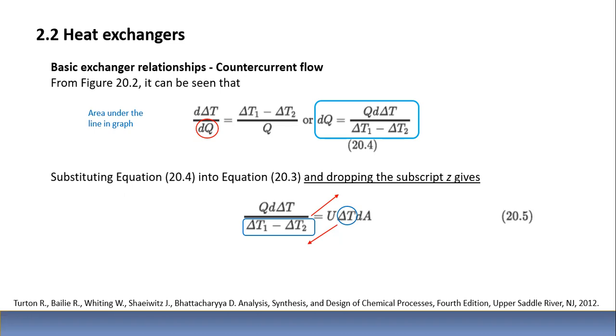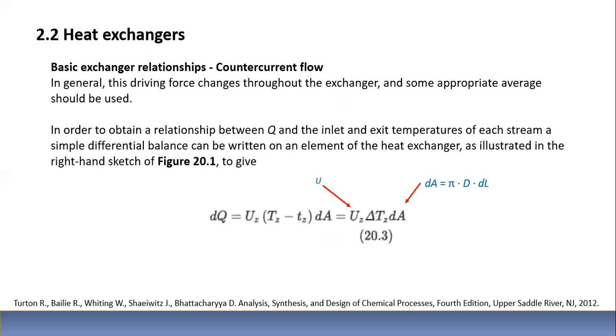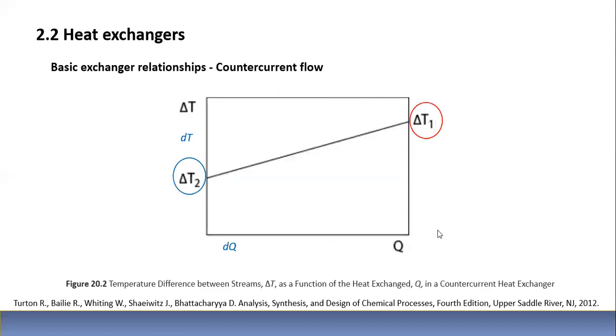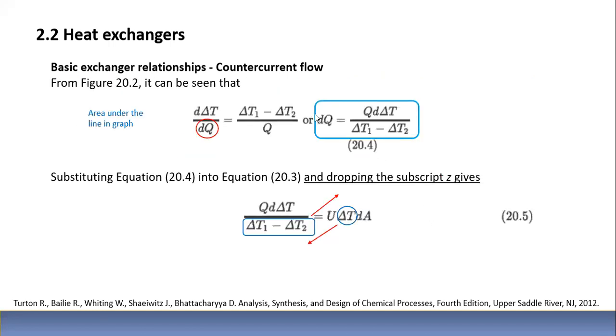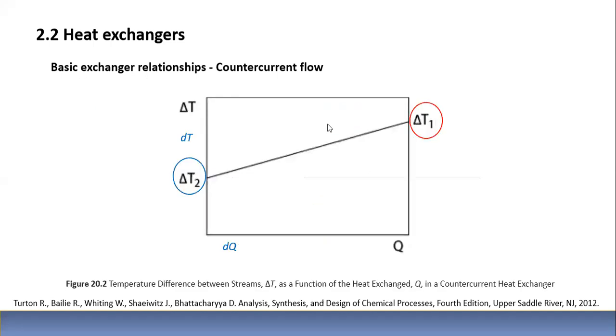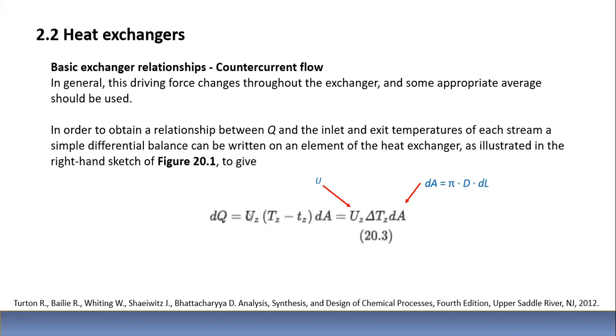Substituting equation 4 into equation 3, which is this equation, that is, substituting the definition of dQ from equation 4 in here, we will have this expression. So expression 20.4 is going to be equal to the expression for 20.3, in other words, this expression right there.